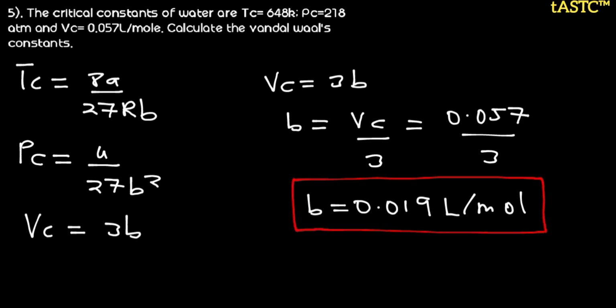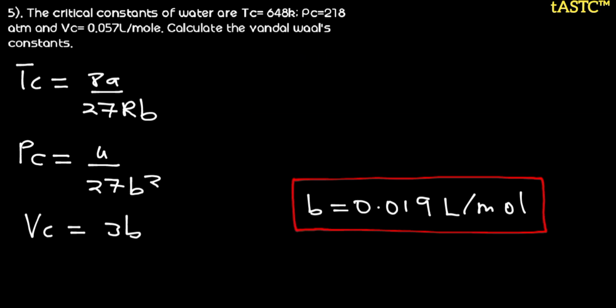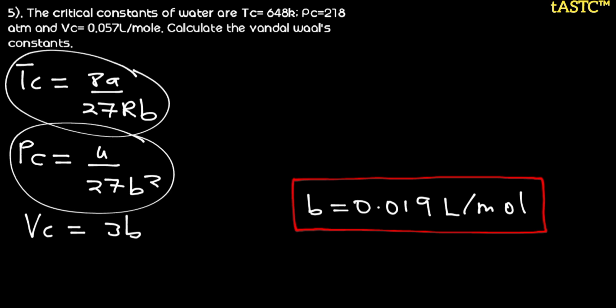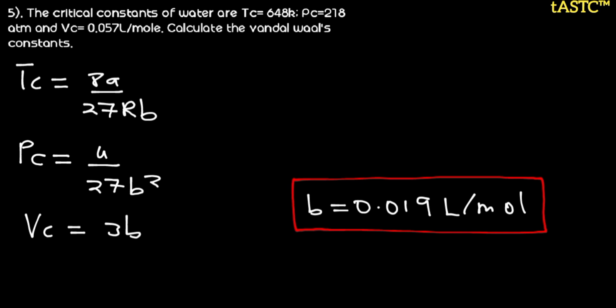Next up, we need to find what a is. Now you could well use any of the remaining ones, either this or this is going to give you the answer. So we're basically going to use this one. Now a will obviously be equal to Pc multiplied by 27Rb squared.